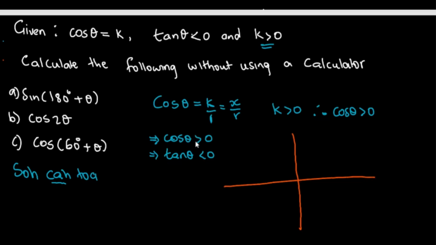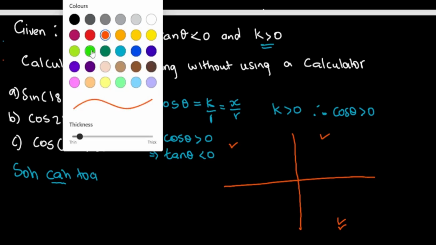In which quadrant is cos positive? It's positive in quadrant 1 and quadrant 4. See? Quadrant 1 and quadrant 4. Then we need to know where tan is negative. It's negative in quadrant 2 and quadrant 4. The quadrant that has 2 ticks is the quadrant that you need to work on. So now we know which quadrant we need to work on.